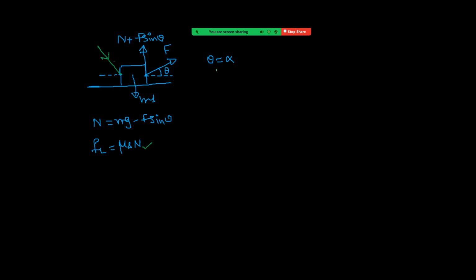Okay. So in pulling, we have seen that when theta equals the angle of friction, we can pull the object with a minimum force. Right? Let us see one more case, that is while pushing. Assume we are pushing a block.